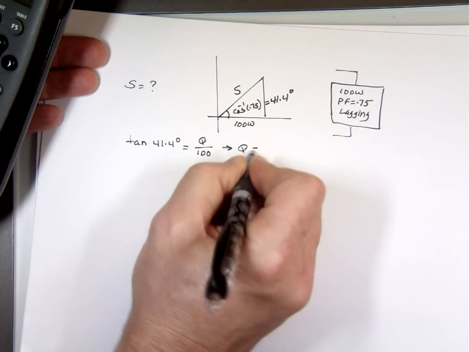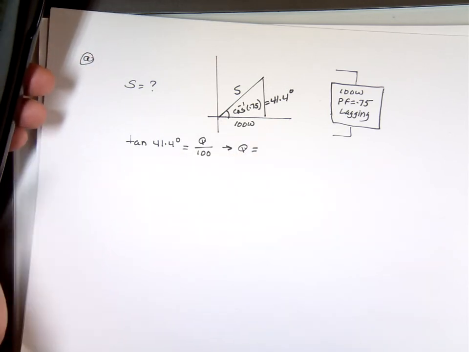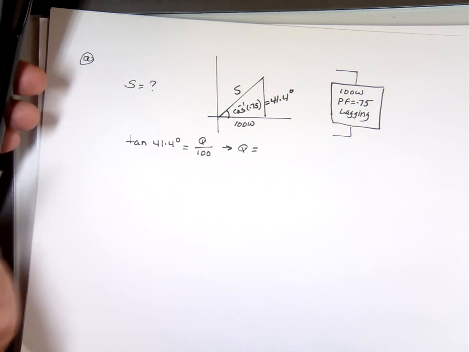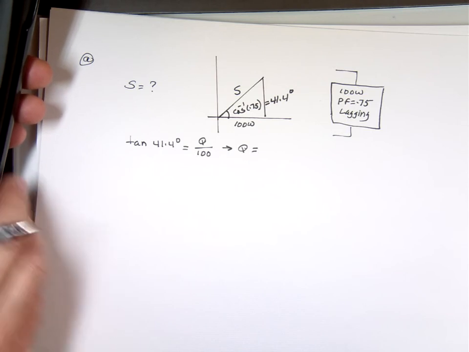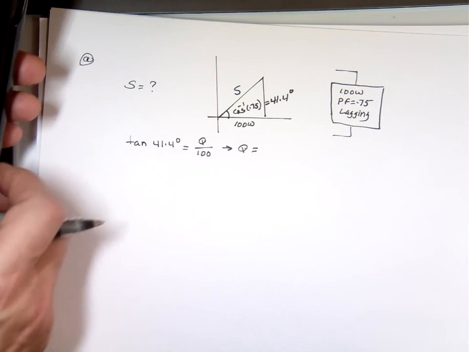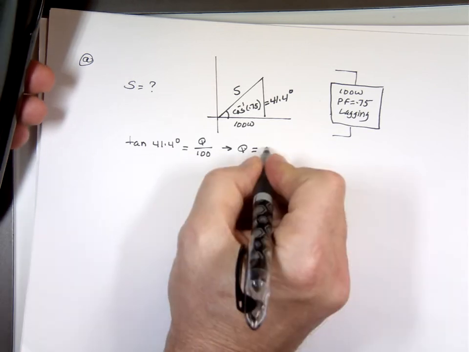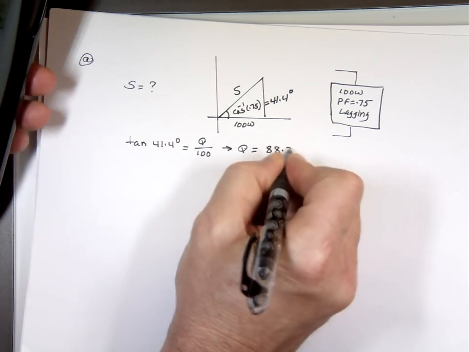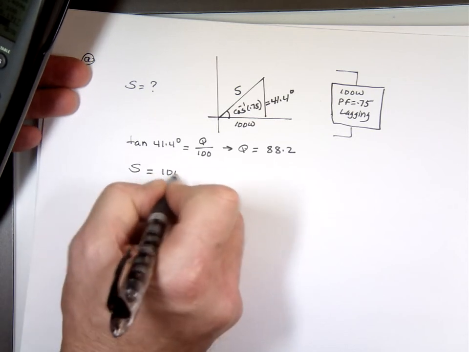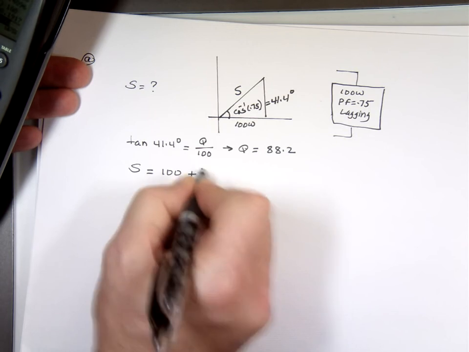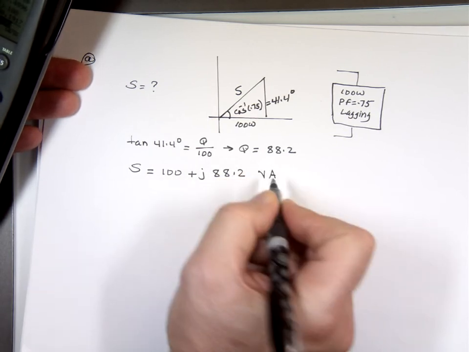The tangent of 41.4 times 100 is roughly 88.2. So the complex power S is going to be 100 plus j88.2. That's part A.